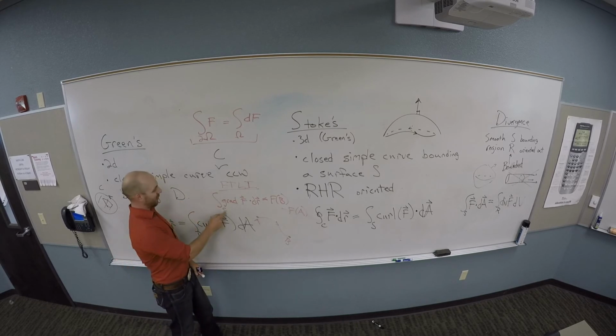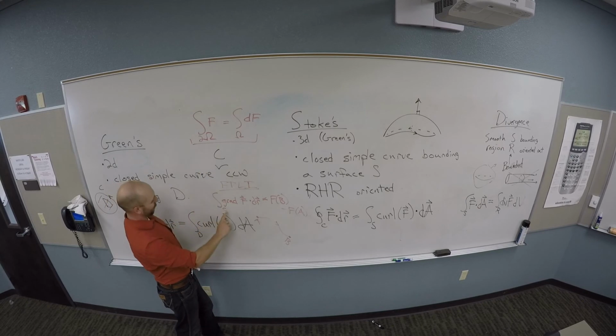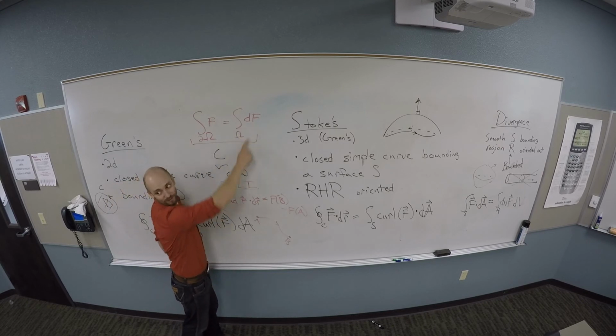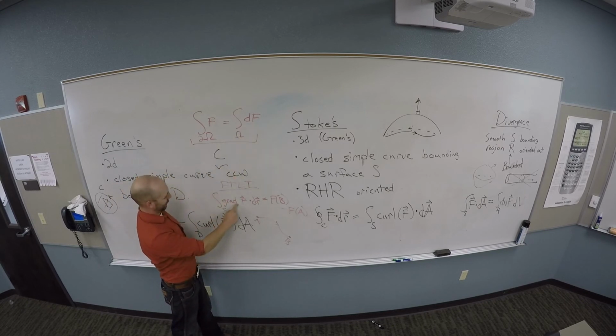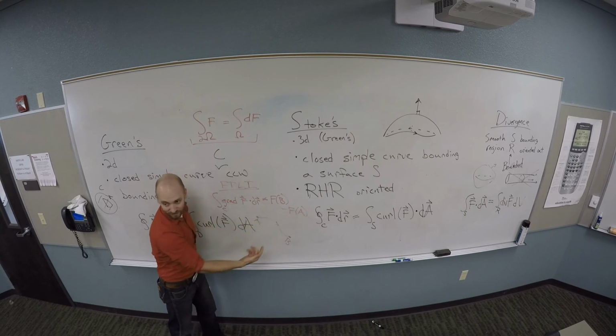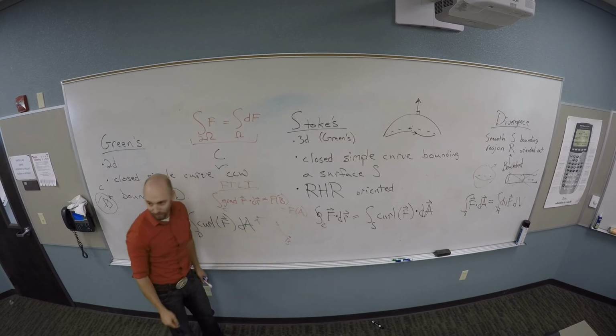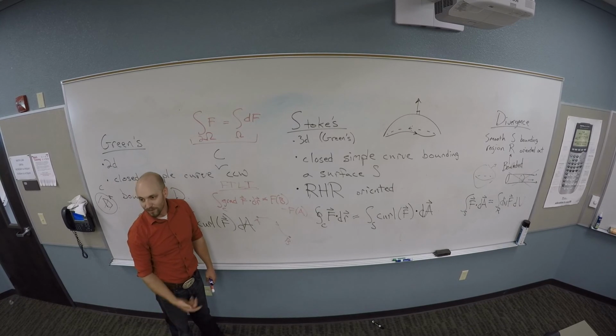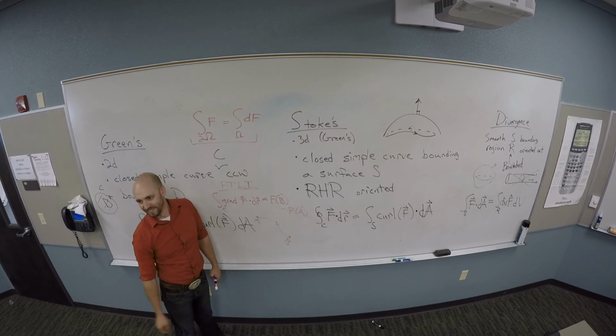I'm really taking an integral of a derivative of something, and I'm trading it for the integral over the boundary, which is just the second end minus the first end. It's weird to integrate over two points.